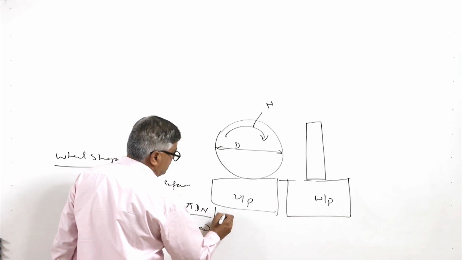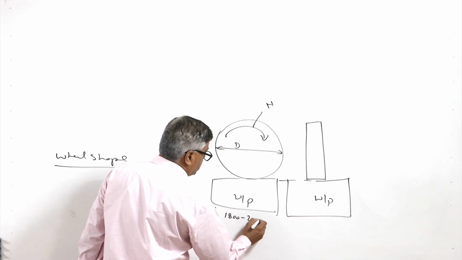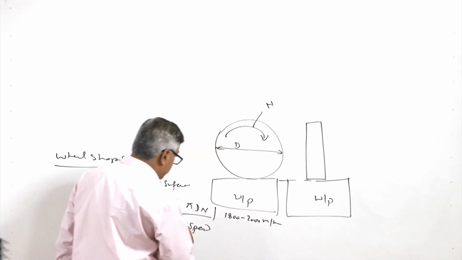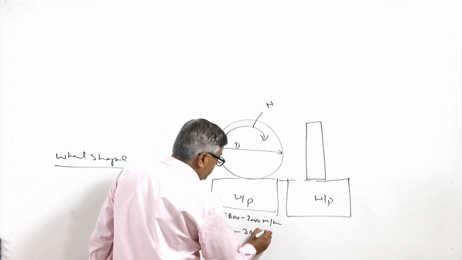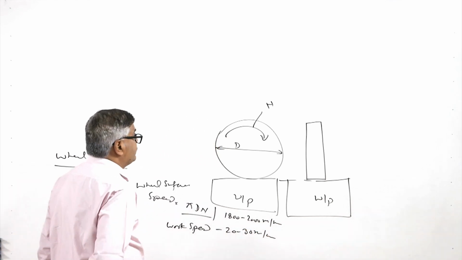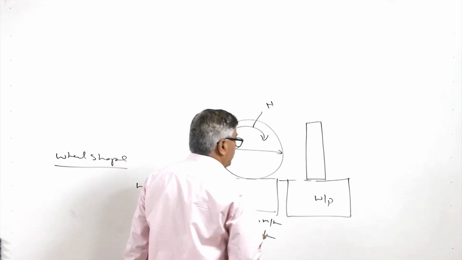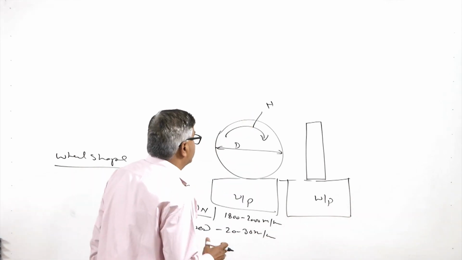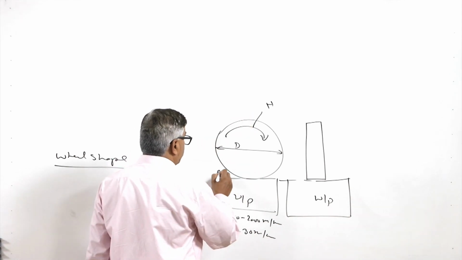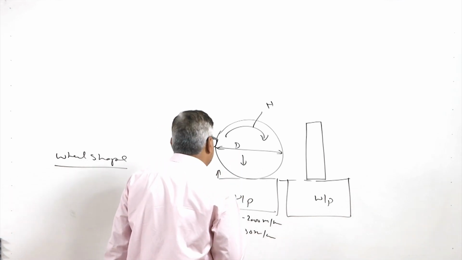So, wheel speed is, say, like 1800 to 2000 meter per minute, while the work speed is limited to like 20 to 30 meter per minute. The way by which it will be engaging with the workpiece, and the cut is facilitated by moving the workpiece either upward or moving the grinding wheel downward.